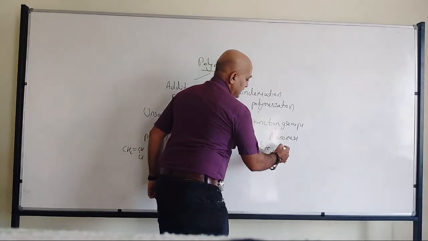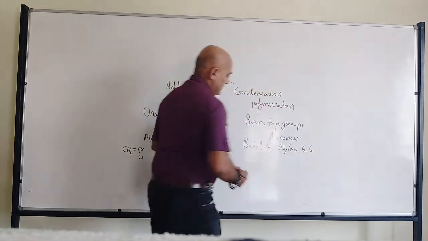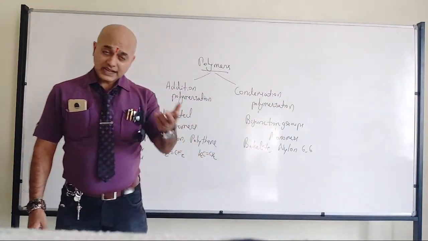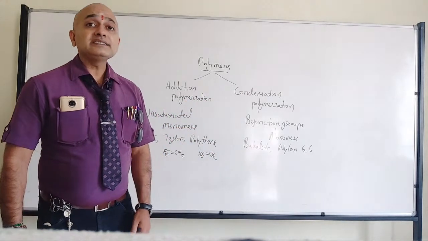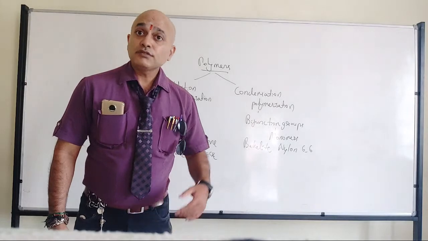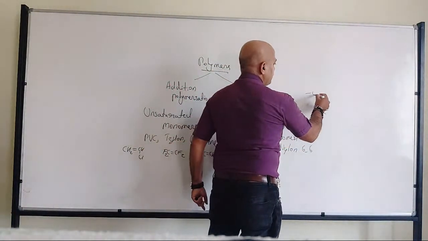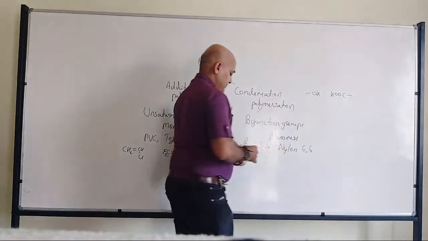Then we have nylon 66, that can be an example, right? Melamine can be an example. All of them are due to condensation reaction. So what is a condensation reaction? A simple example: I have an OH group and a COOH group in a monomer.